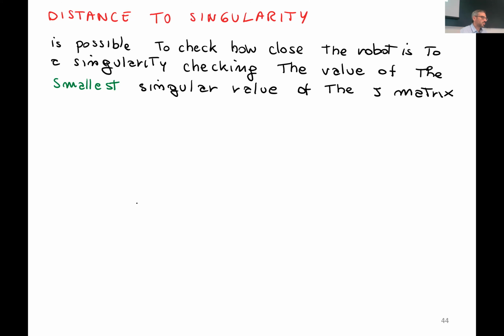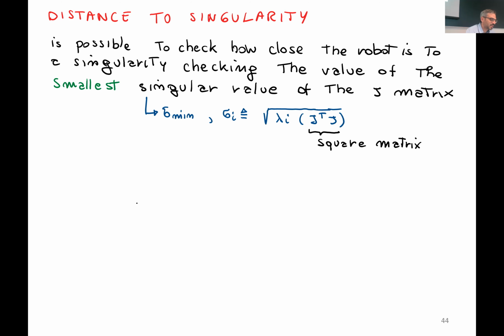So we need a possible way to check how close the robot is to the singularity, and to do so, we can check the value of the smallest singular value of the J matrix. We defined the singular values before as the square root of the eigenvalues of the J transpose J matrix.